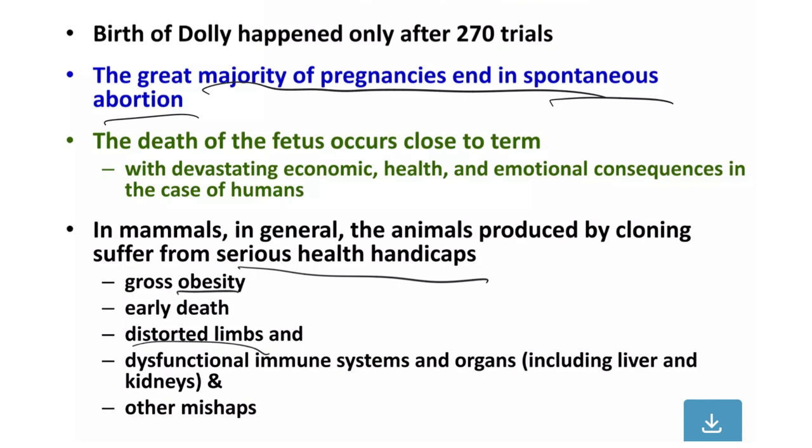Their immune system and organs have problems, etc. So you can see this would not be at all ethical to use, because you feel like having a twin brother as you get old that is exactly a clone of you.